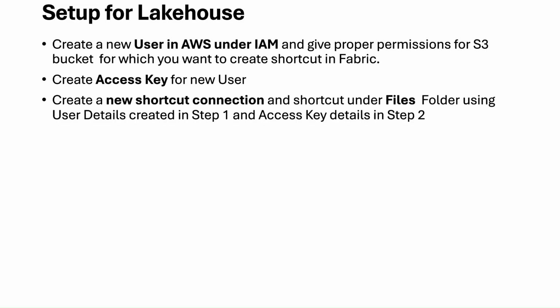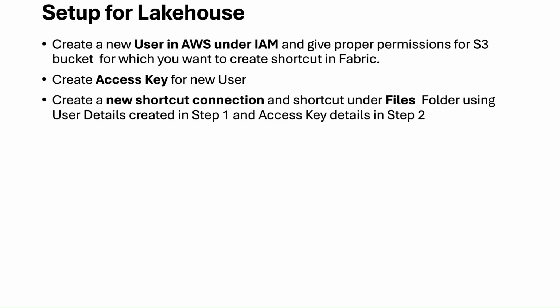Now, under the Lakehouse, you can create shortcuts at three different locations. One is under Files, which is simply called a shortcut. It can be at any folder level or subfolder level. And you can create shortcuts under Tables at two places. One is at the schema level, which is called a schema shortcut, and another is a table shortcut.